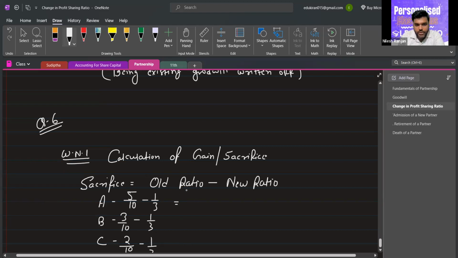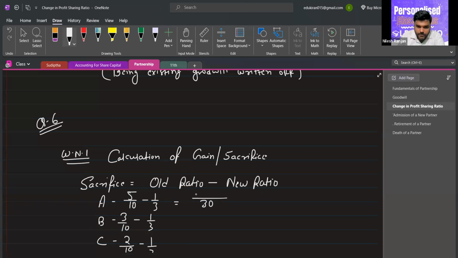So it will be 15 minus 10, that is 5/30; 9 minus 10, that is minus 1/30; and 6 minus 10, that is minus 4/30.